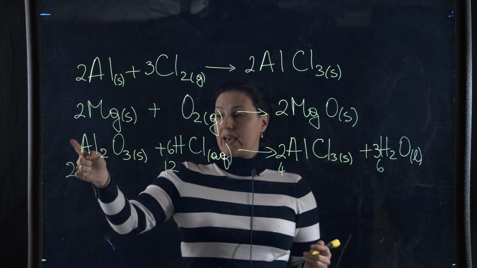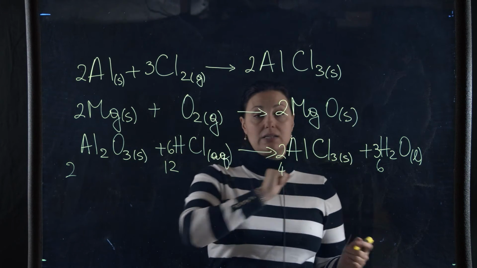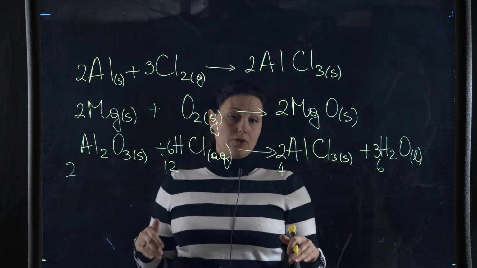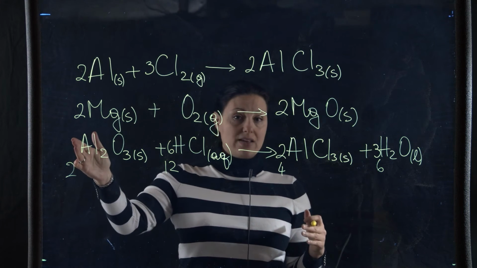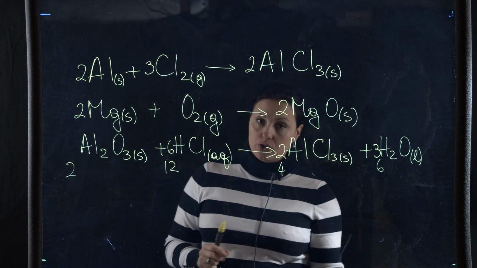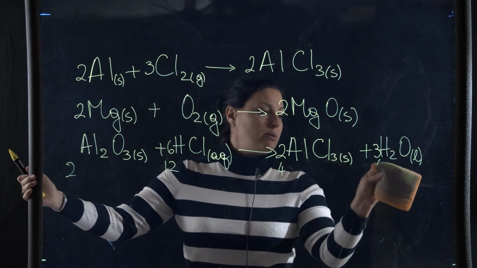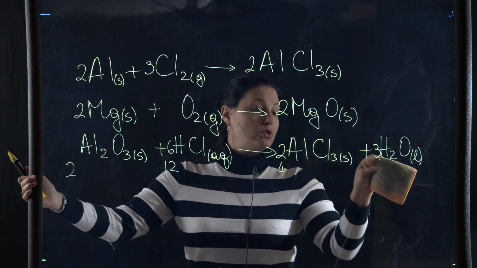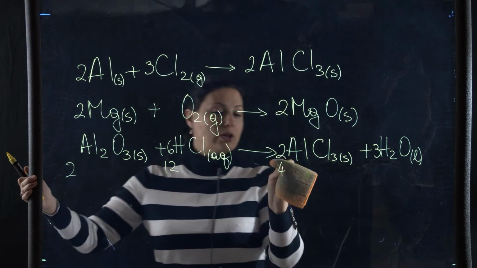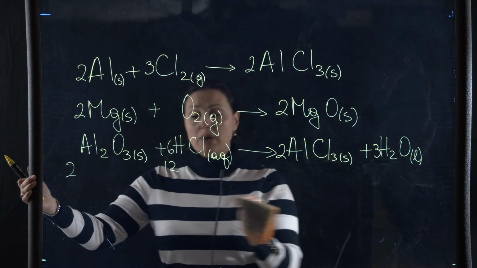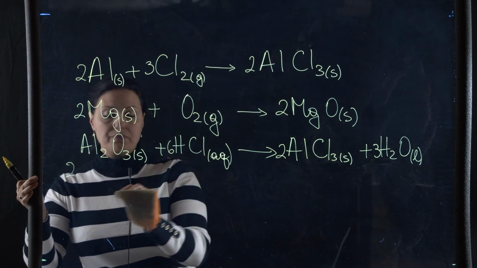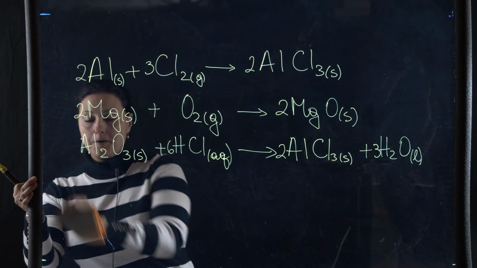But the way it's written, I have 1, 6, 2, and 3, so I cannot reduce it any further. I cannot do any more because I have that 1 over here, and we don't use half. We use full integers. Therefore, we look to find the smallest whole number ratio. And that is what we did here.